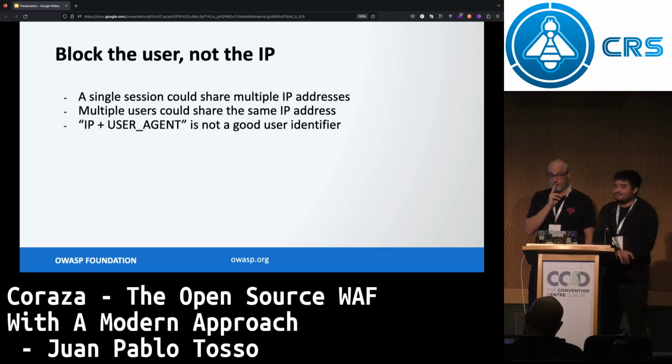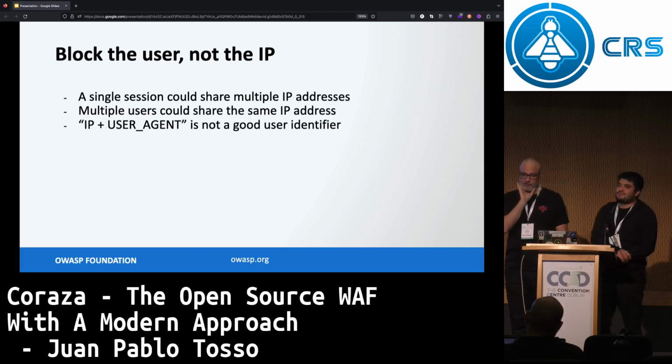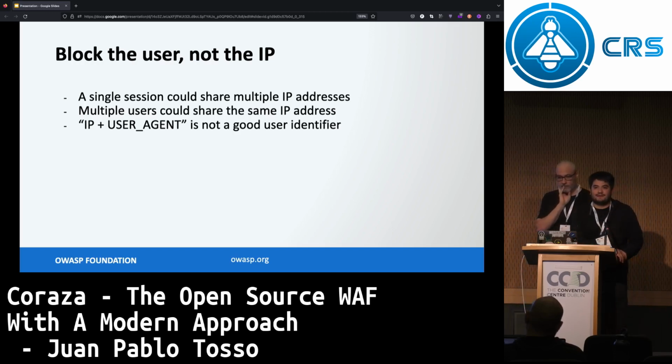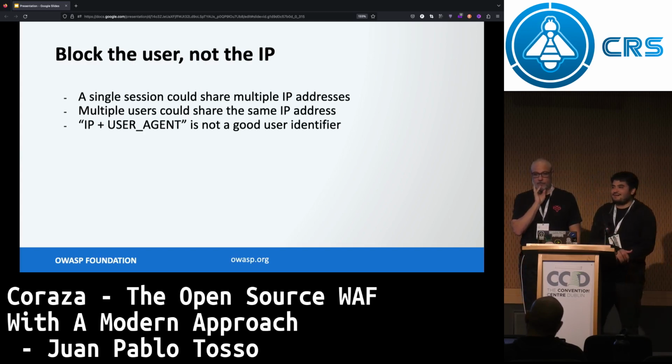Another important topic is how do you associate a behavior with a user and not the IP address? If you review the ModSecurity documentation, the default settings for persistence are IP address plus the user agent. It's not something that will track a user.